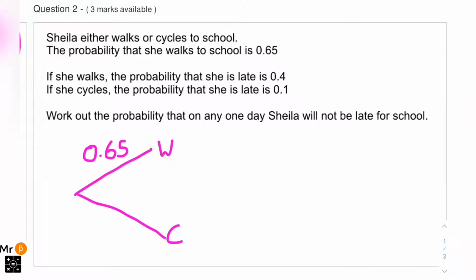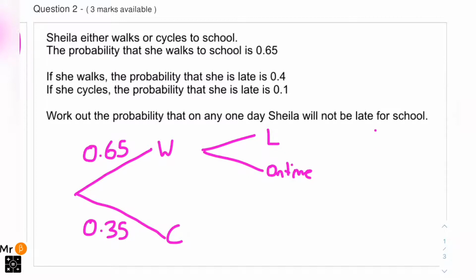So we know she either walks or cycles. If she walks, her probability is 0.65. Therefore, if she cycles, it must be 1 take away that probability of walking, which would give you 0.35. If she walks, she can be late or on time.